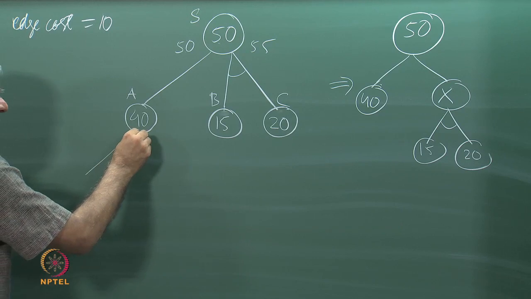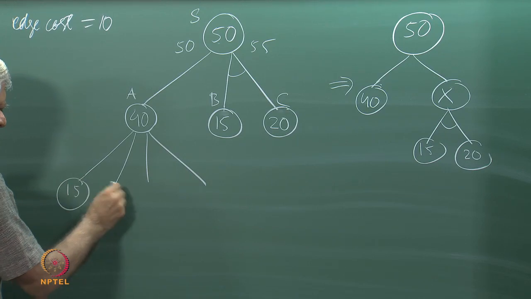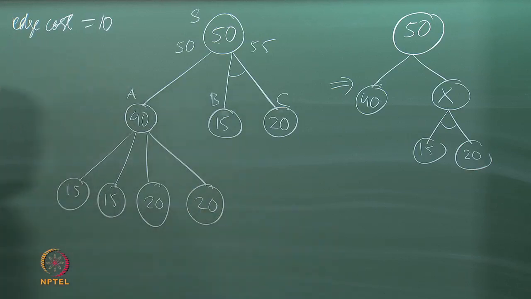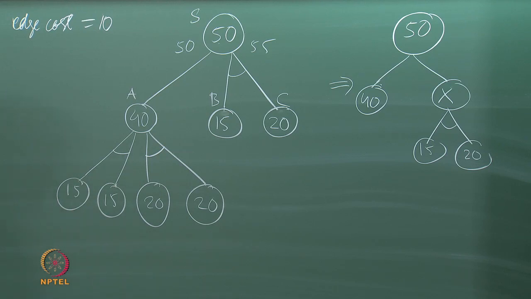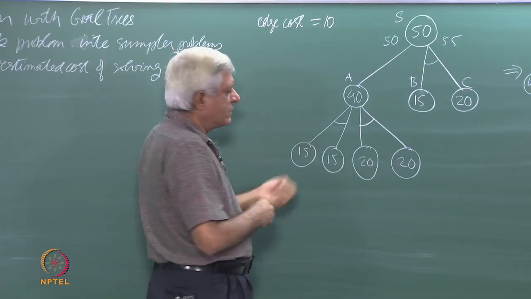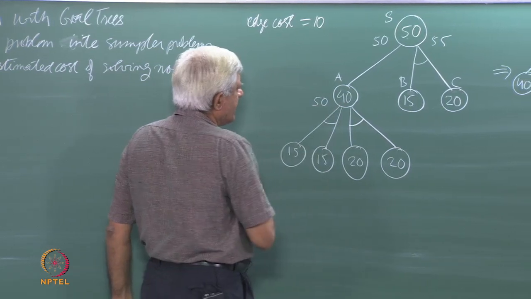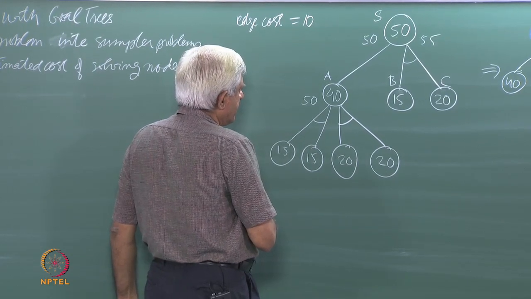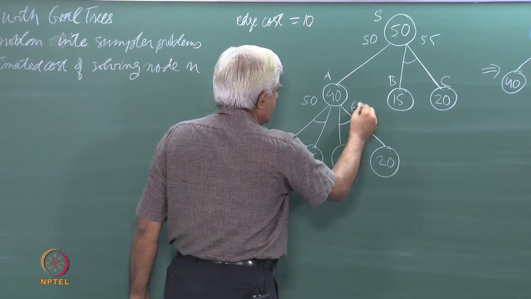Then let us say I get this. Some values, and this is an AND node and this is an AND node. Then I can compute, revise the cost of solving A or my estimated cost of solving A. So, instead of 40 now this has become 30 plus 20, 50 here, and this has become 40 plus 20, 60.